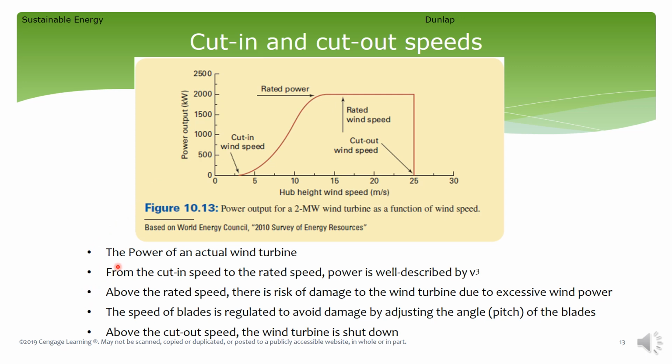This figure shows the power of an actual wind turbine from the cut-in speed to the rated speed. Power is well described by V cubed.